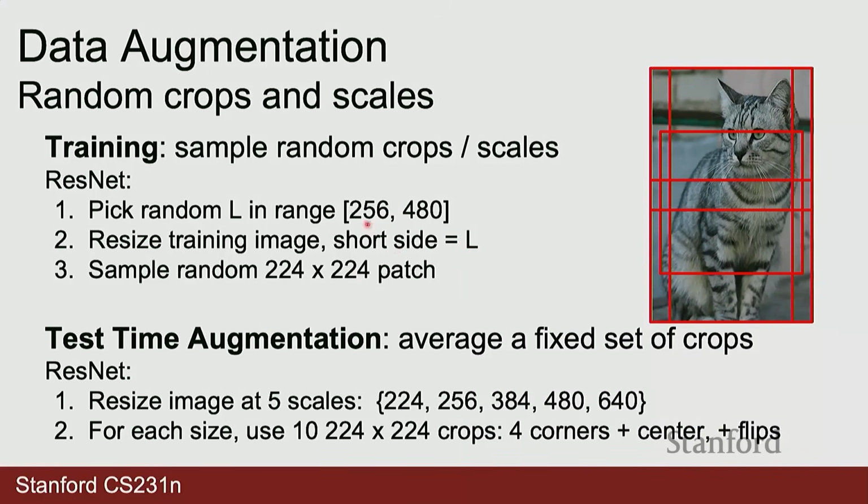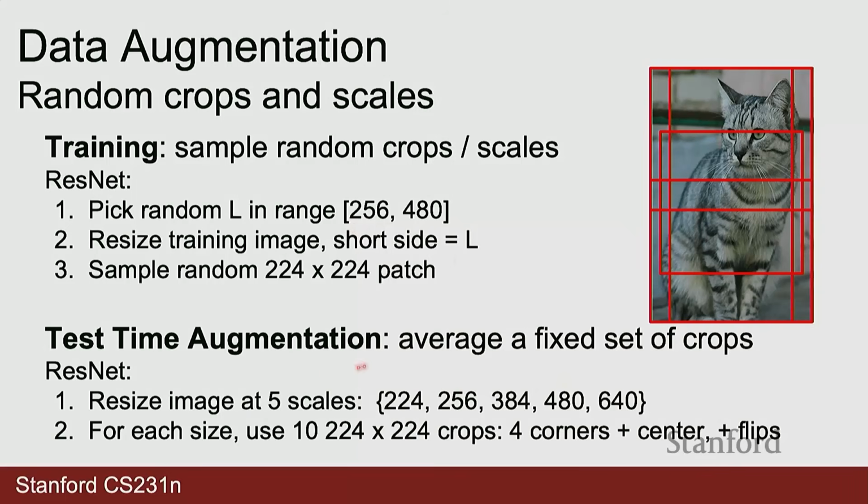So we scale the short side to L, and then we crop a random patch of 224 by 224 pixels from that image. You preserve the relative resolution, but you make it smaller or larger to fit this L, and then you take a random crop of that. This is by far the most commonly used, random resized crop is what it's called in most libraries.